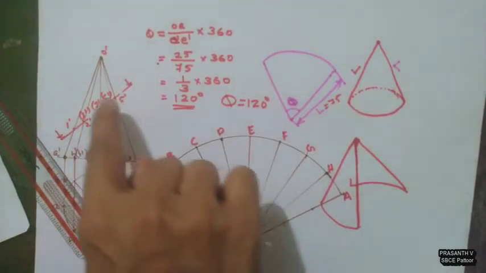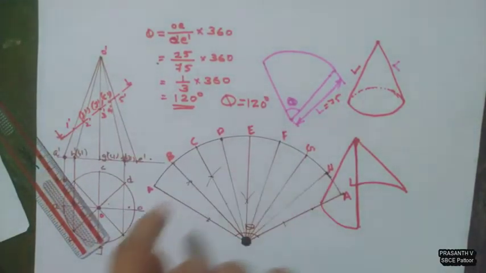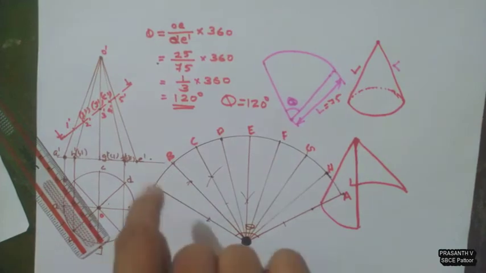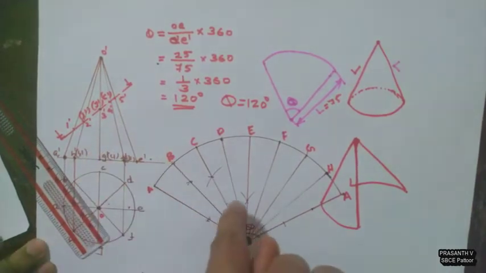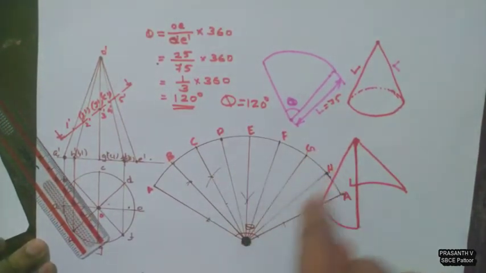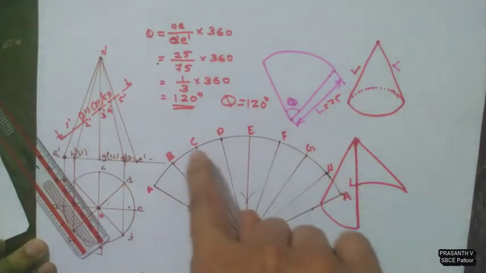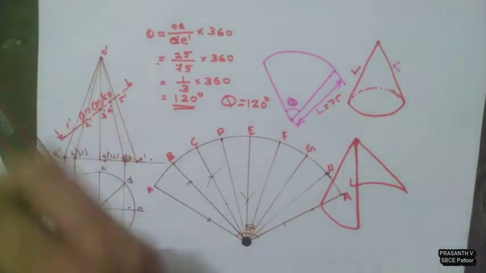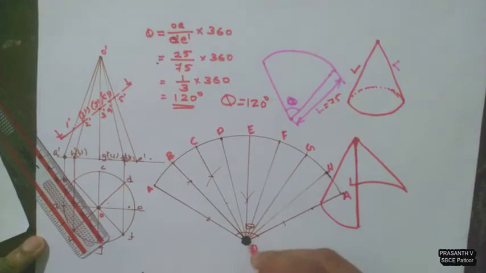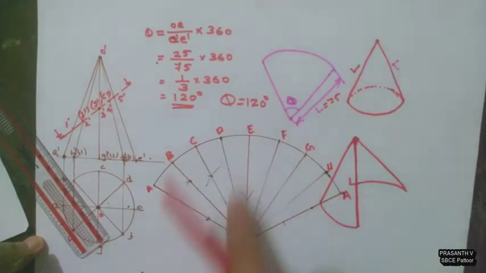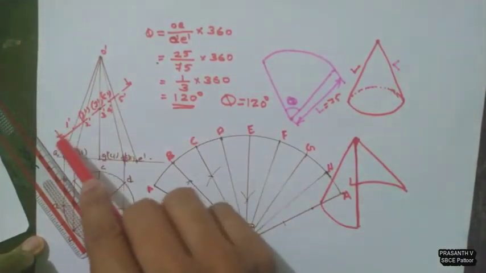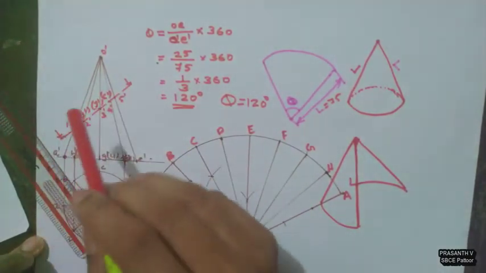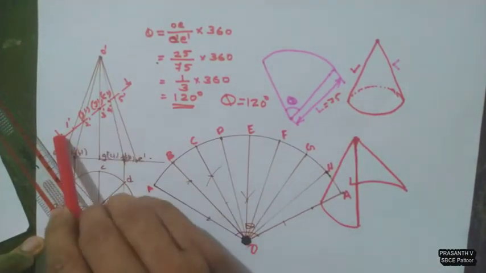Now you have to mark all the cutting points in this development as well. Here you have to remember one thing. We have the true length generator in this development. All these generator lines, OA, OB, OC, OD, OE, OF, are true length, but here not all the lines are true length, only the end generators are true length.